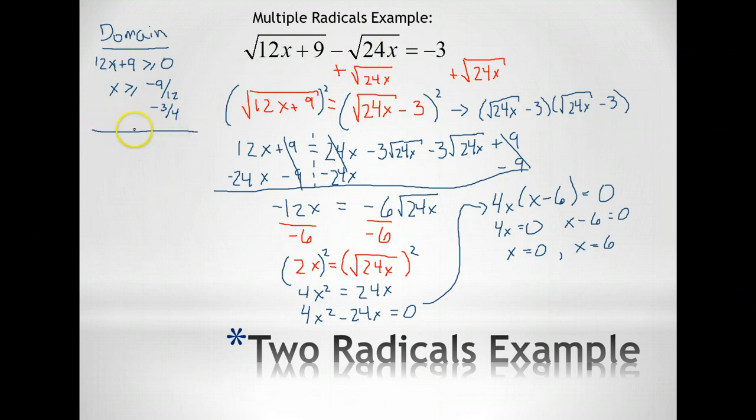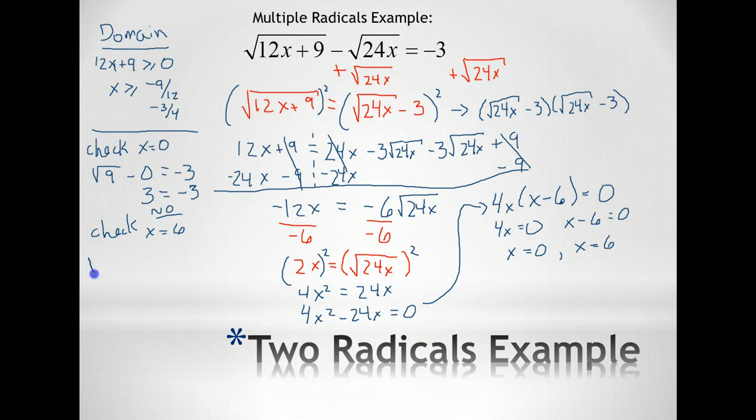Now let's just check and make sure they really work in the problem. So let's check x equals 0. So x equals 0 gives me the square root of 9 minus 0. Does that equal negative 3? Oh man, look at that, it doesn't. 3 equals negative 3. Okay, so that doesn't work. Now let's check x equals 6.